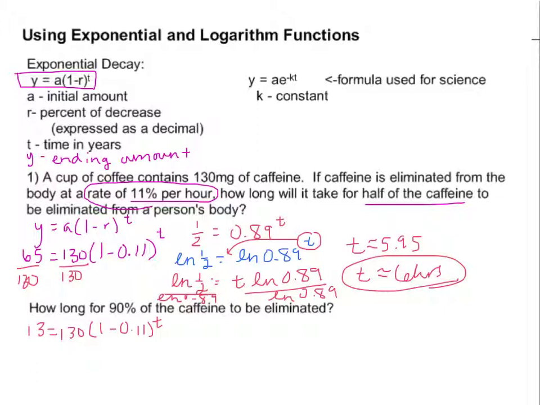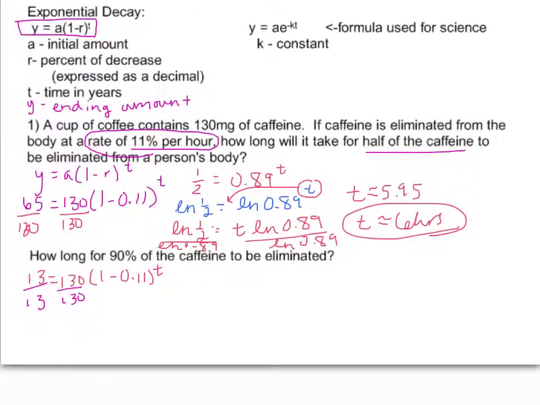Once again, we'll solve it using the same exact steps. We'll divide both sides by 130. Then we have 1/10 is equal to 0.89 to the t. Solving using logarithms or natural logs, we have the natural log of 1/10 is equal to the natural log of 0.89 to the t.